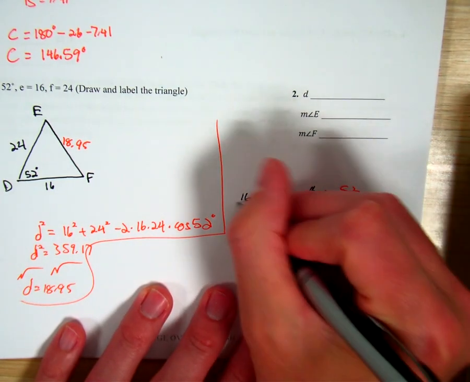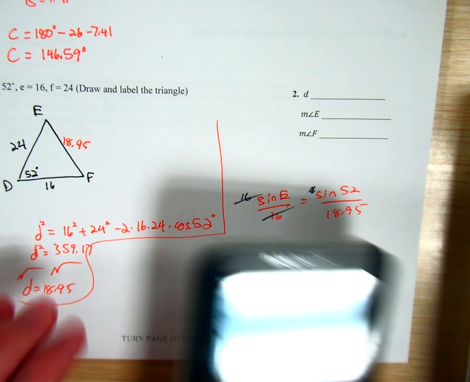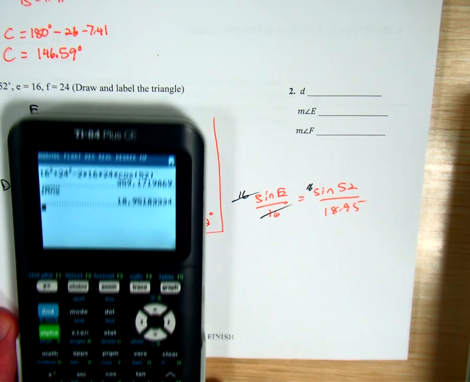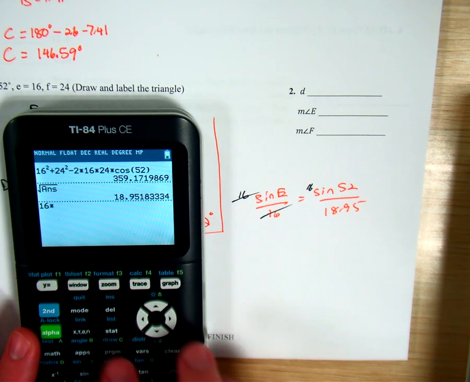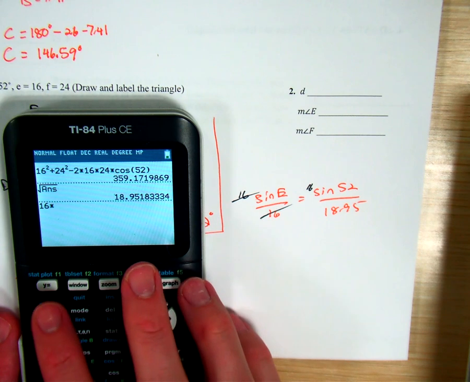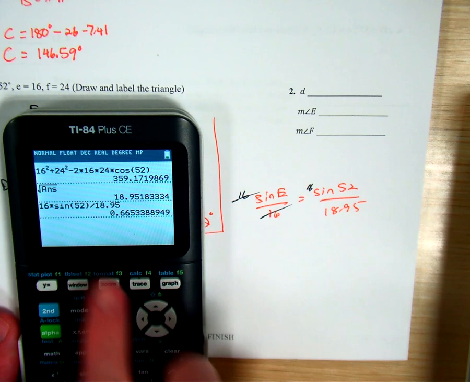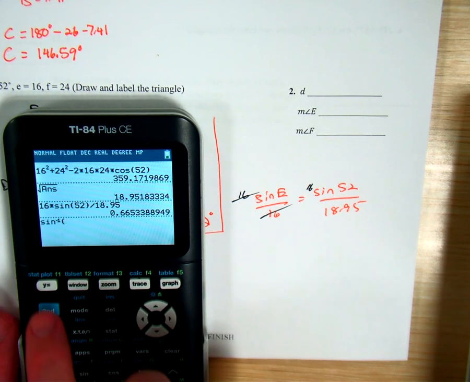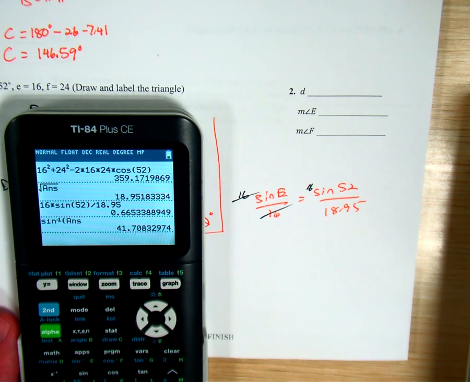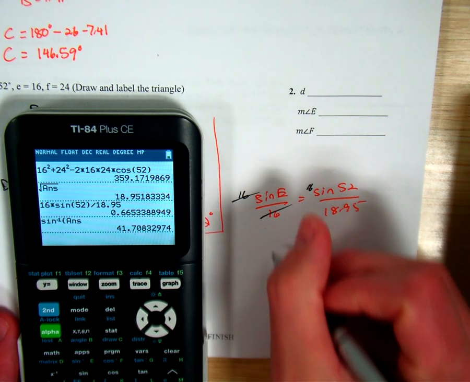Multiply by 16. Okay, and again, we're trying to find an angle, so at the end, we're going to have to do second sine. 16 times sine of 52 divided by 18.95. Second sine, second answer, 41.71 degrees.